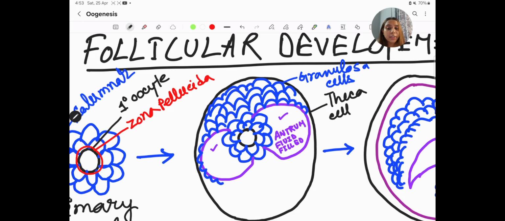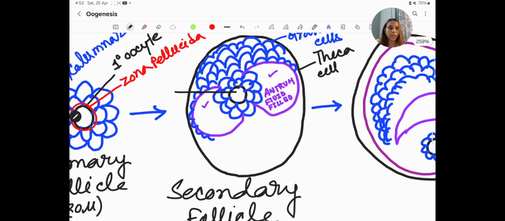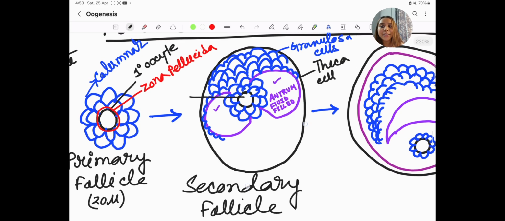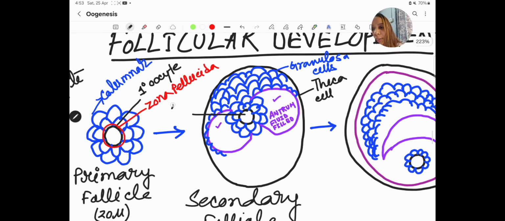And what is another thing? Does this oocyte become the second degree oocyte, because it is the secondary follicle, so it must be the secondary oocyte? No, it is still the primary oocyte.